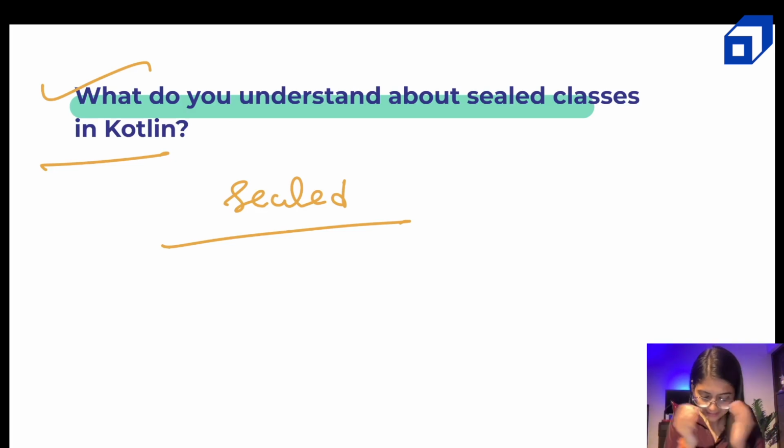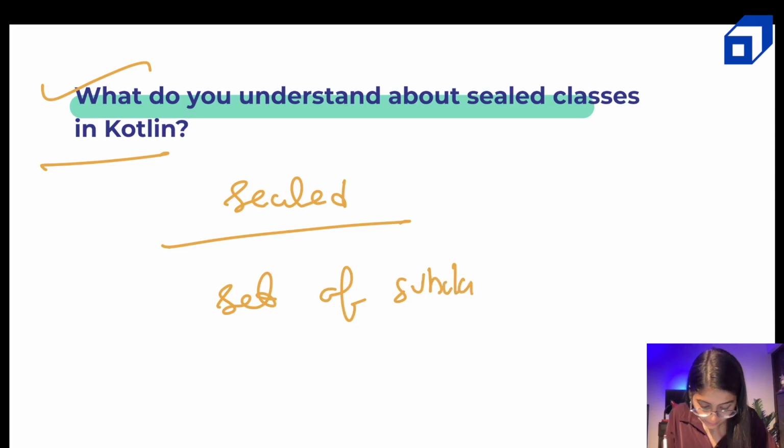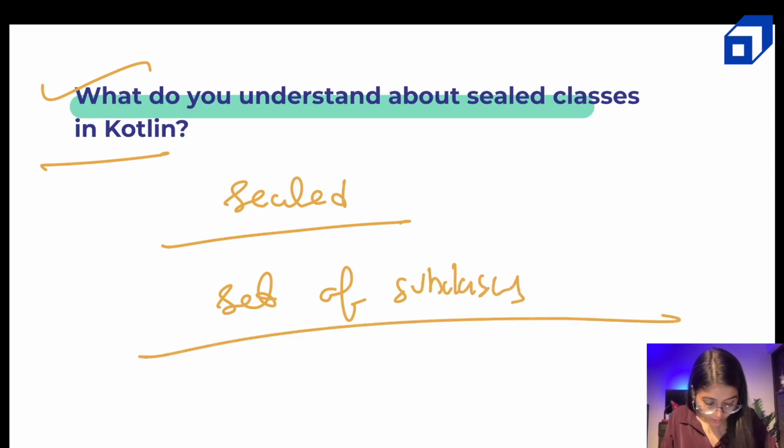Sealed means something which is bounded. A sealed class is the one that has a set of subclasses, and it is employed when it is known ahead of time that a type will conform to one of the subclass types. It's a bit tough to understand, but let me make it simple for you.